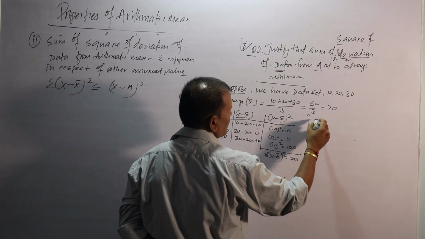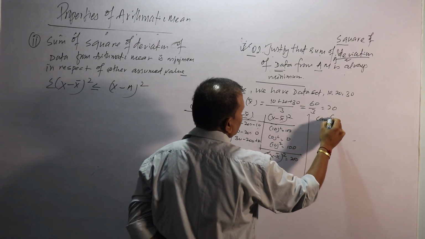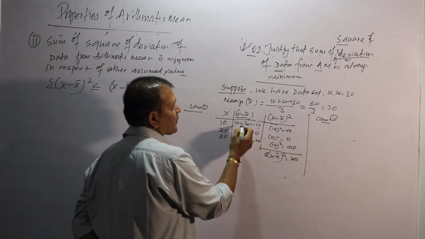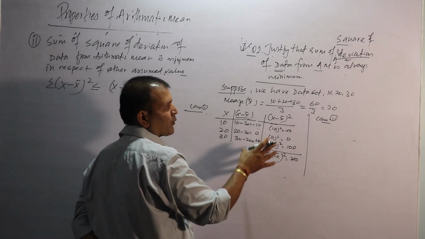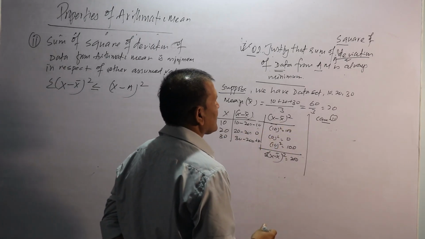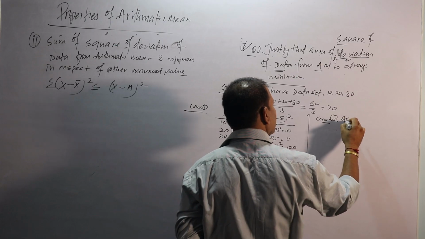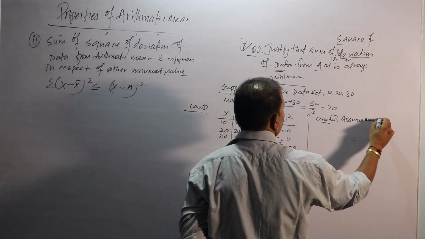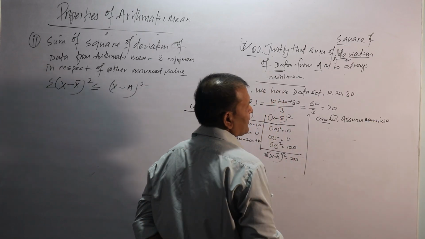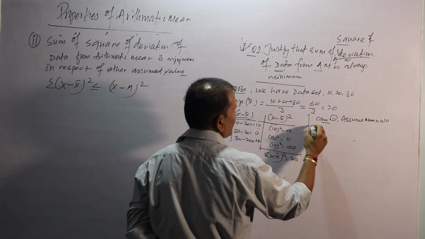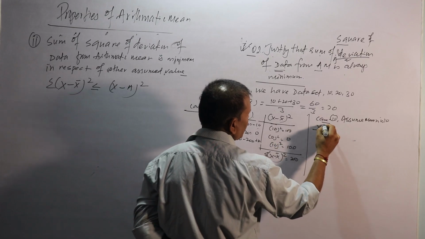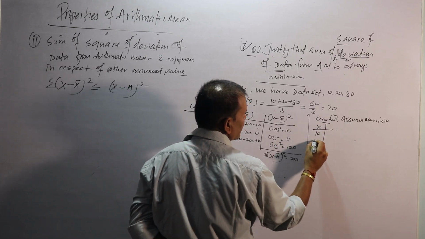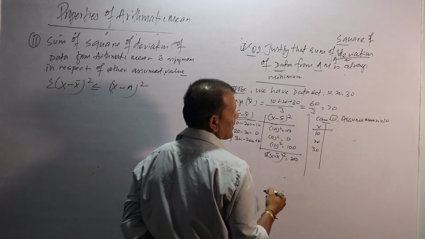Case number 2, to verify that the sum of squares of deviation from the mean is minimum compared to another assumed mean. Suppose the assumed mean is 10. Then we calculate the deviation again for 10, 20 and 30.